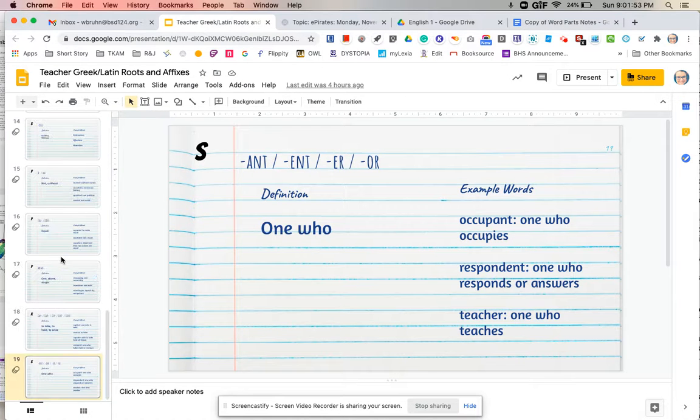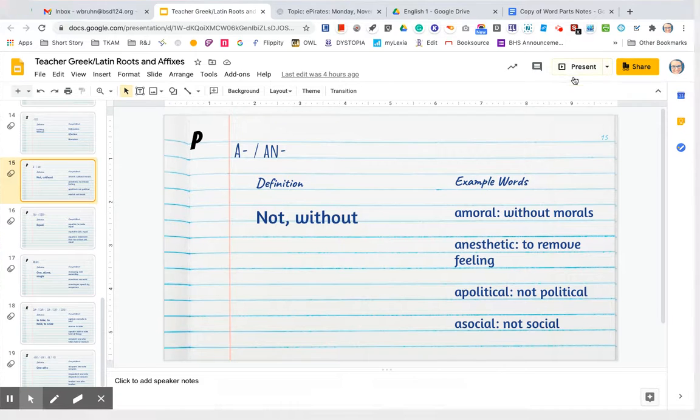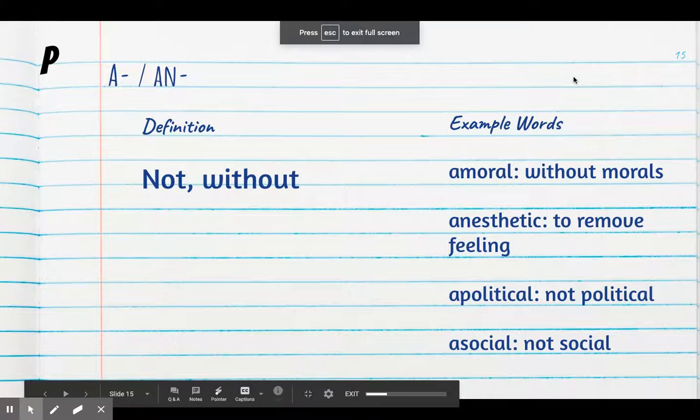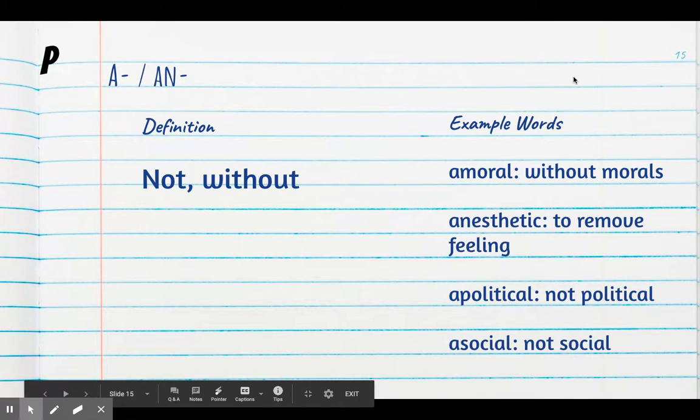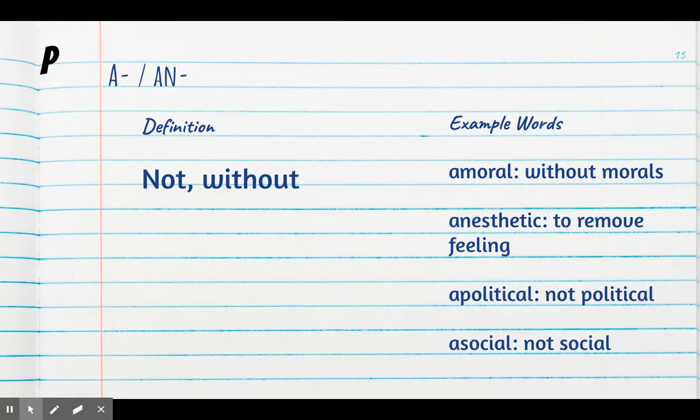So our first one, let me get to the right slide here, is a and an, and these mean not or without. So we've already seen several prefixes that mean similar things, like in, il, im, that can mean not, but a and an can as well. So amoral means without morals.